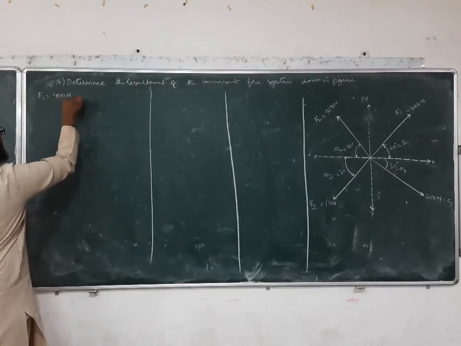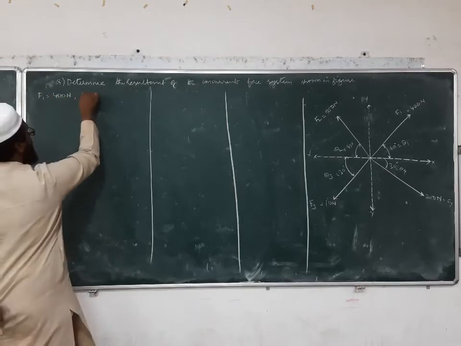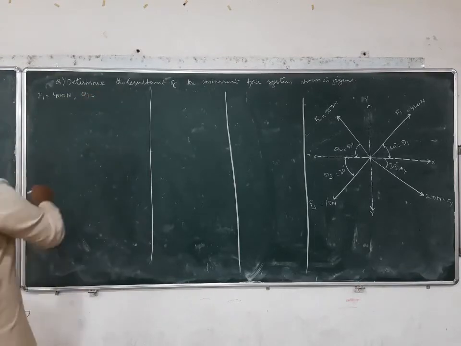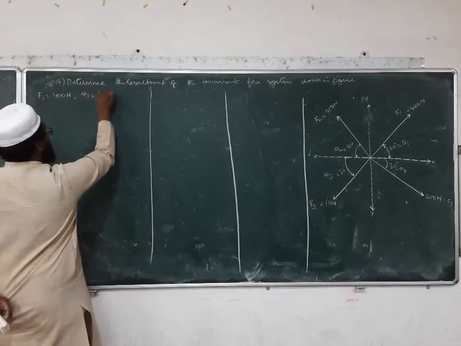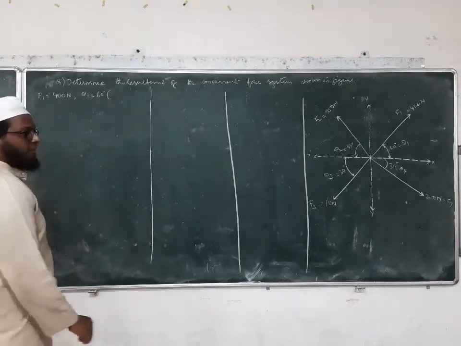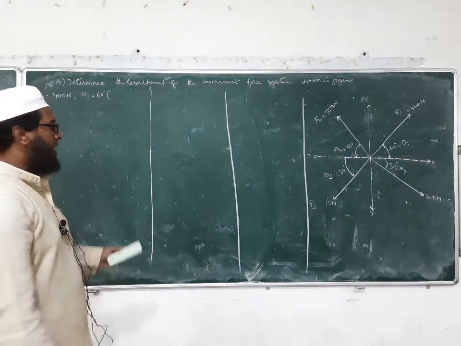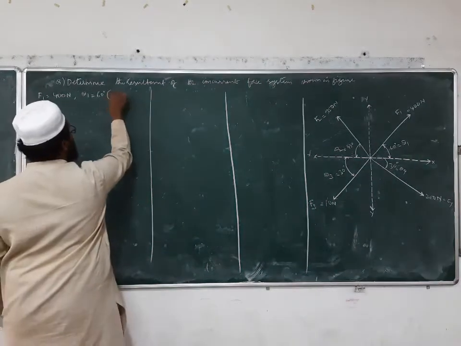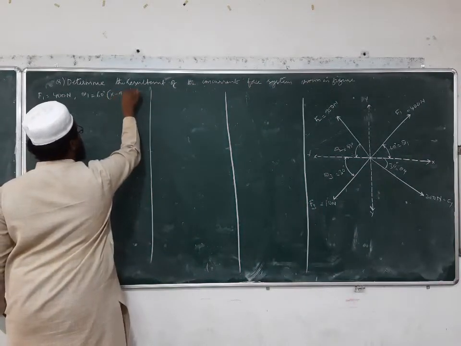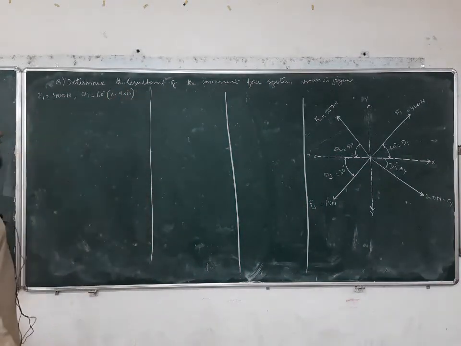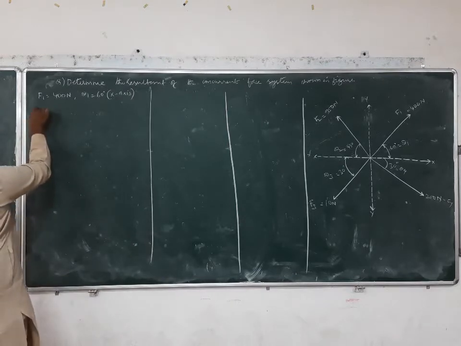What is the angle θ1? θ1 is 60 degrees, and the force F1 is making this angle with the x axis. Now how will you calculate the components of F1?